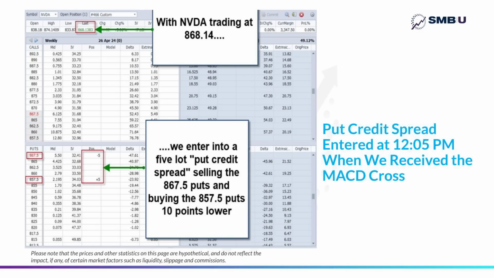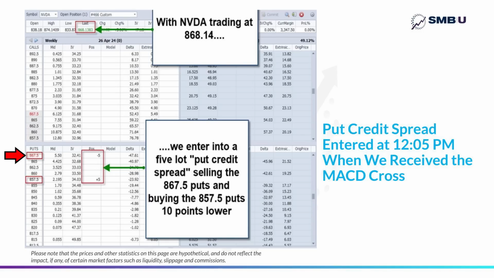Why? Well, think about it. We entered the trade with our short put strike right below where the market was trading, which, if you'll remember, was 868.13, just 63 cents higher than the short put strike price of 867.5. Well, let's suppose that the stock just didn't move at all and closed at that exact entry price, 868.13.